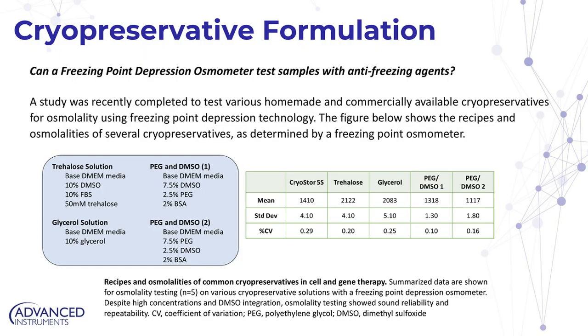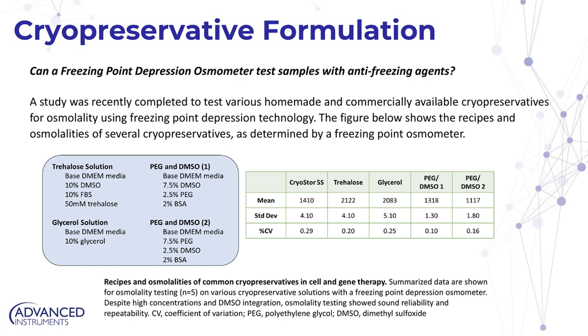And here, I wanted to present this information because this is a question that we've gotten a few times and maybe is on your mind as well. At Advanced Instruments, we offer freezing point depression osmometers, which mean really great accuracy and precision for testing a number of different sample types. But what happens when you're testing reagents and agents that are intended to have an anti-freezing effect?